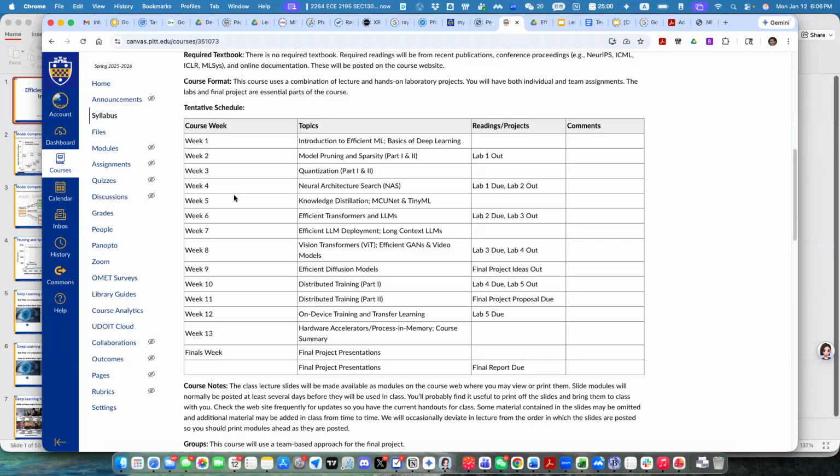You will propose your final project idea around week 9. By that time, you should already have a very good understanding of most of the basic networks and efficiency techniques, so you can propose something related to your interest or your research. That's the very big picture of what's going to be covered in this class.